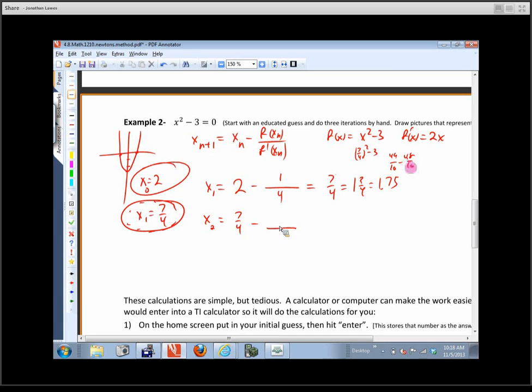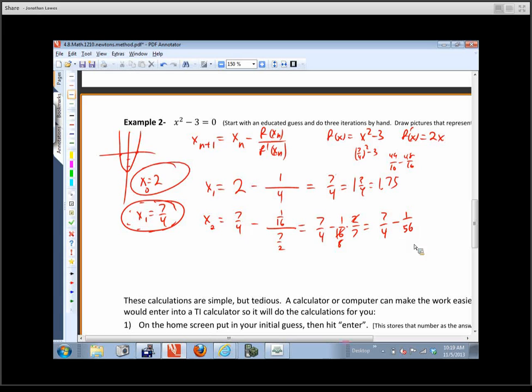And then the denominator is going to be 2 times this guy right here, so that's 7/2. I mean, ugly, but still doable, right? So this is going to be 7/4 minus 1/16 times, flip that over and multiply, 2/7. Good there? Cancel here. So I get 7/4 minus 1/56.